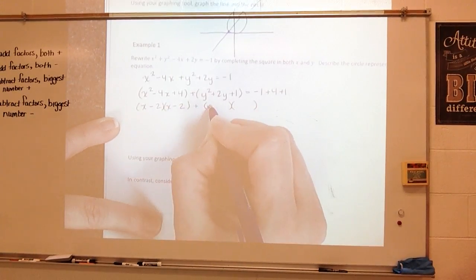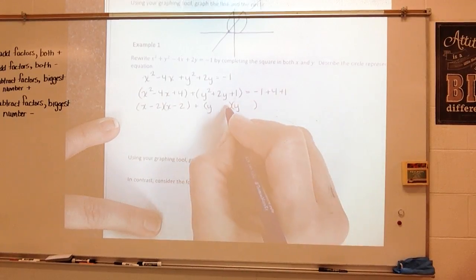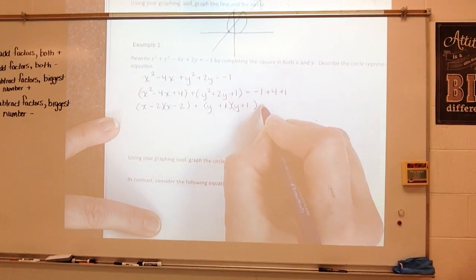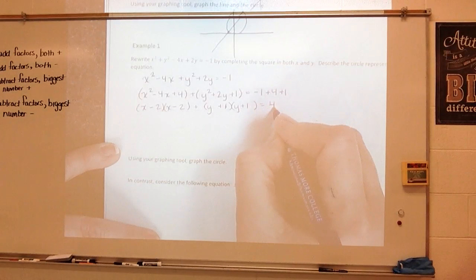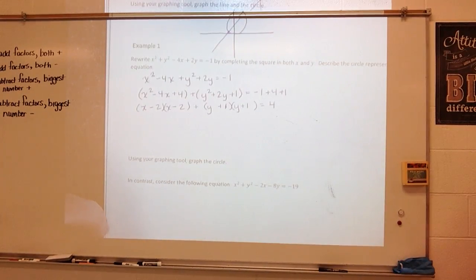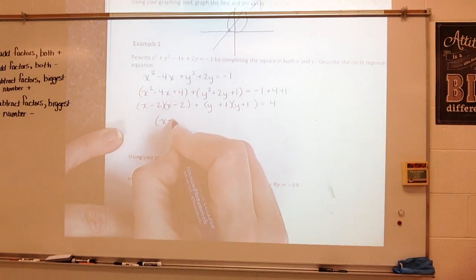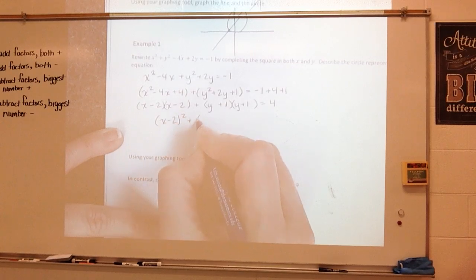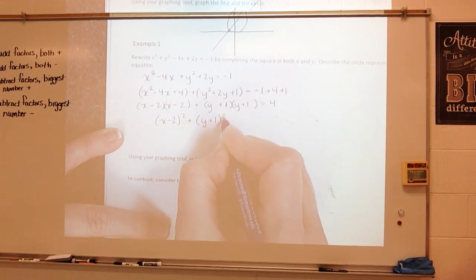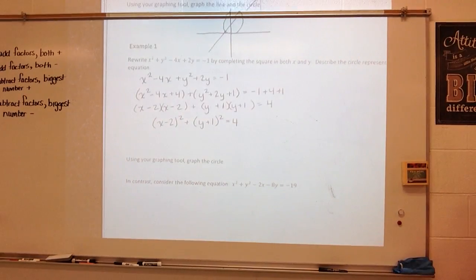And then I get y, and 1 and 1 is equal to 4. Alright, so the equation of my circle would look like this. X minus 2 squared plus y plus 1 squared is equal to 4.